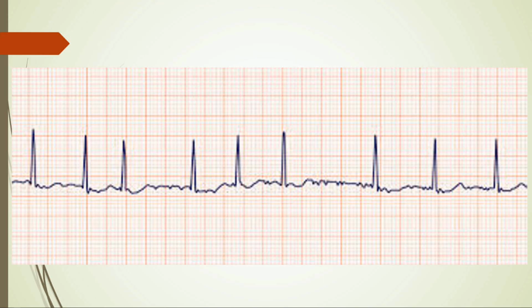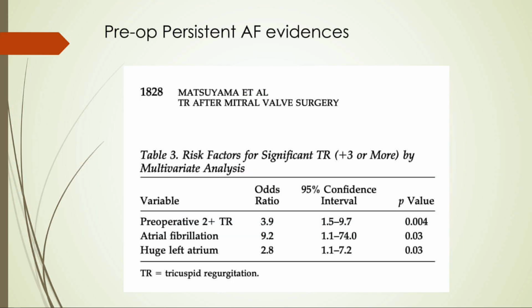Now, what are they based on? They have a couple of studies, mainly from the Japanese literature, that look at risk factors for significant TR following mitral valve surgery, so 3+ or more TR at follow-up. In this paper, the odds ratio is 3.9.